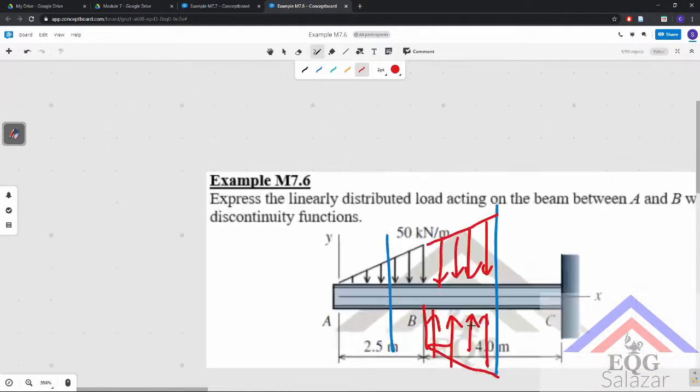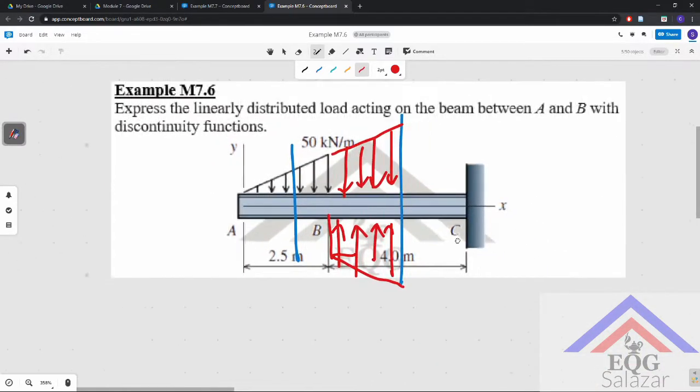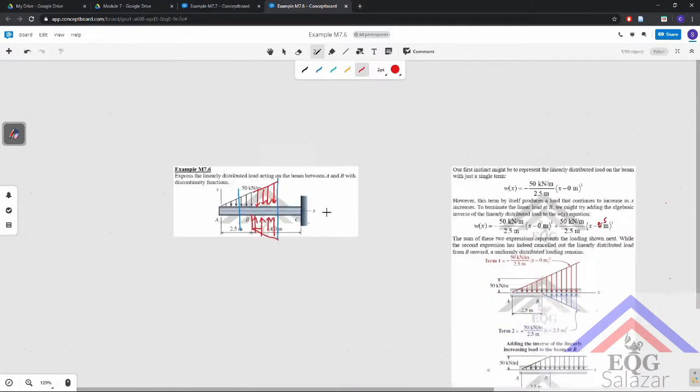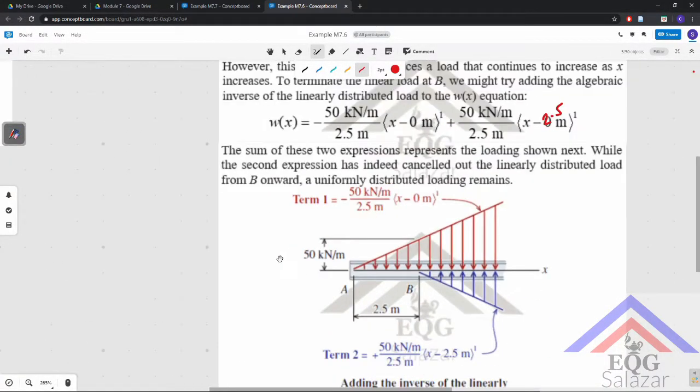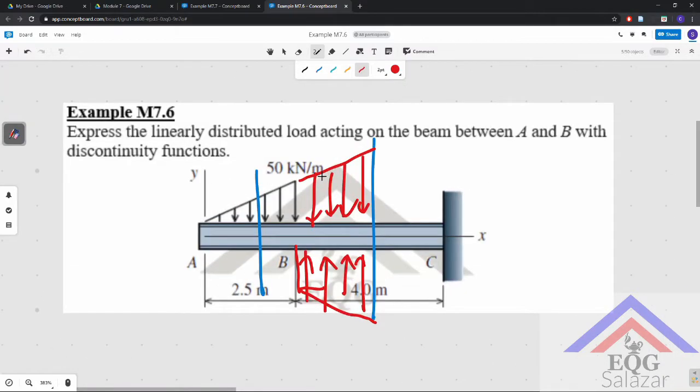So what we're doing here, instead of just adding on to here, we're just extending this here. What we're doing is breaking it down into two loads. So we're going to take this load and break it down into two loads.